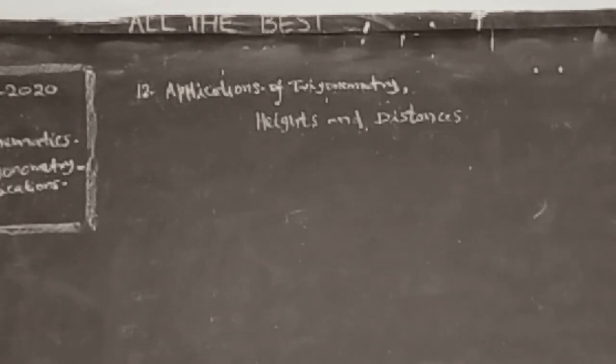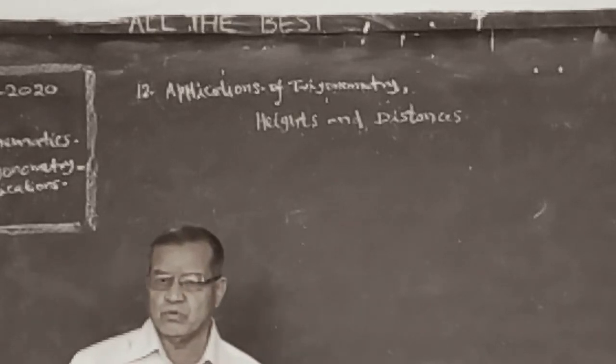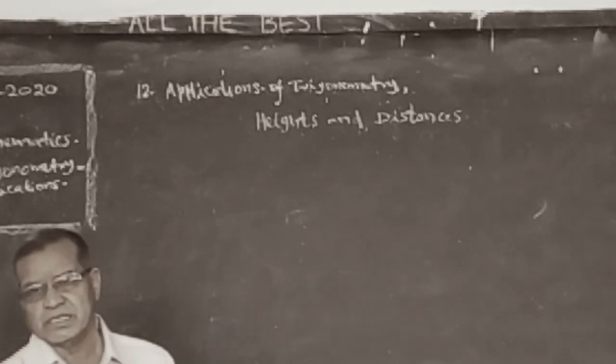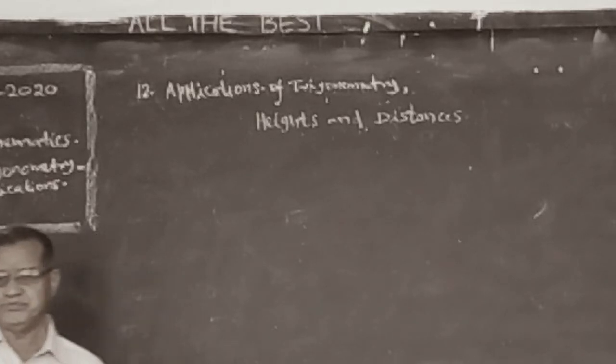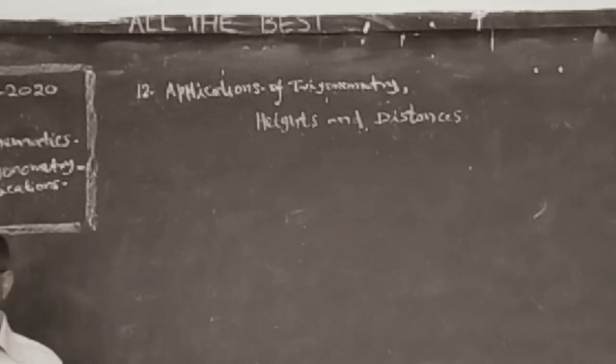Suppose we are observing a cell tower. We are 100 meters away from the foot of the tower and observing the top of the tower with angle of elevation. Here there are two types of angles.